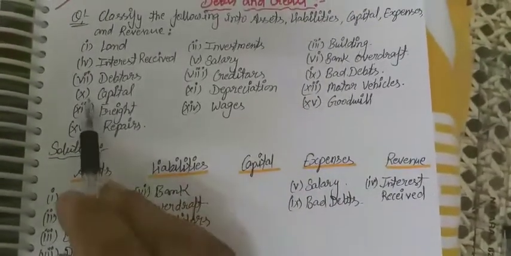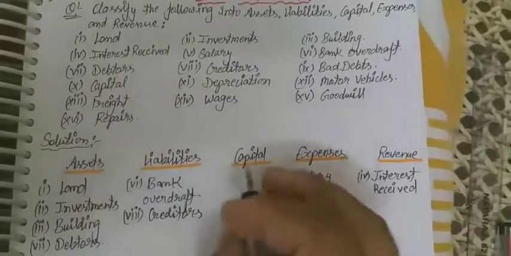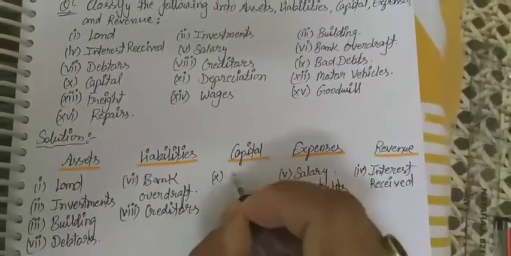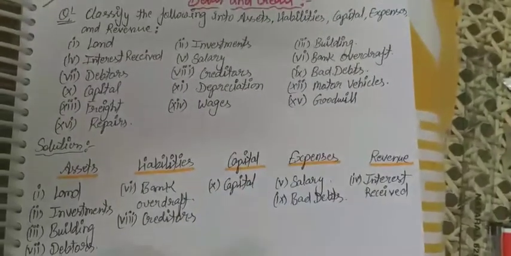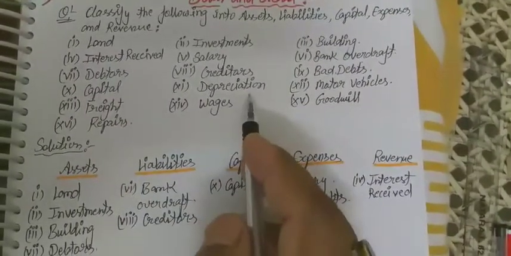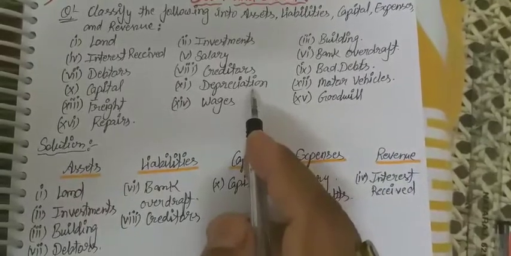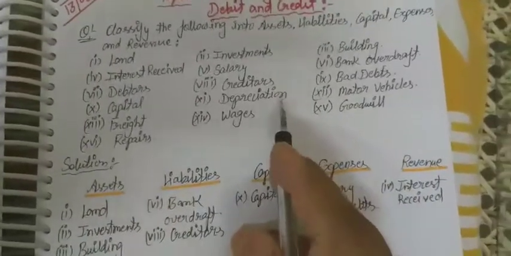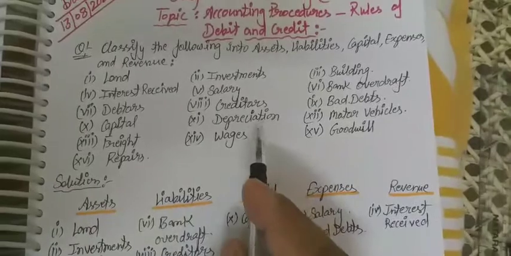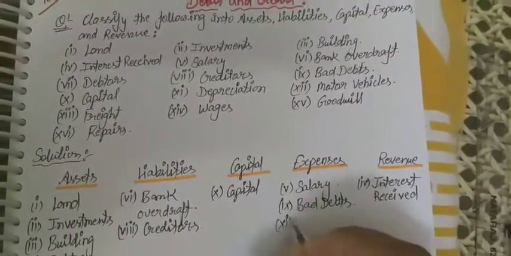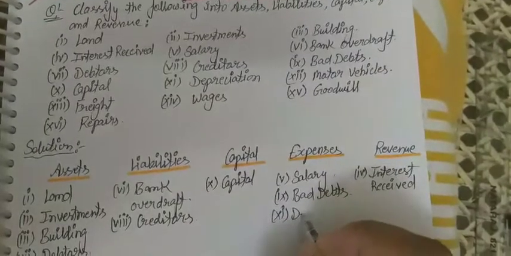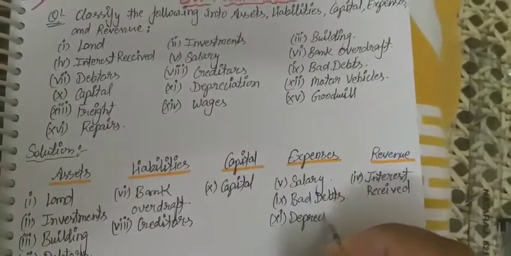Next, capital. Capital always comes under capital. Depreciation. Depreciation is the cost of consumption of assets. So this is an expense, so it will be recorded under the expenses also. So depreciation.